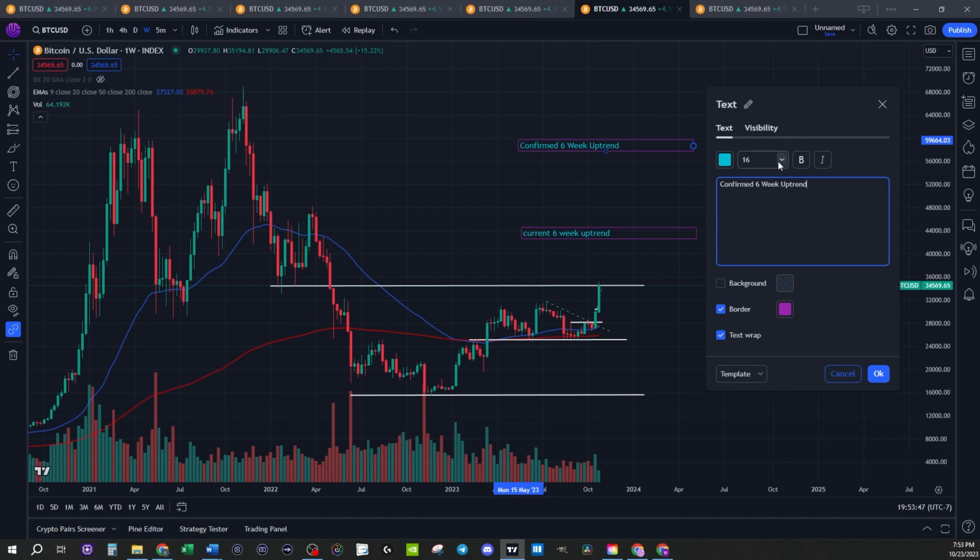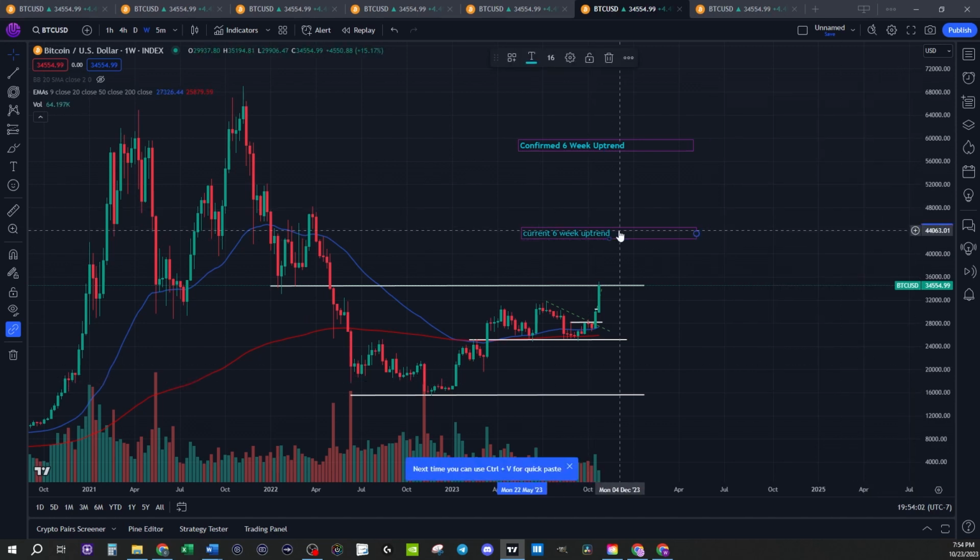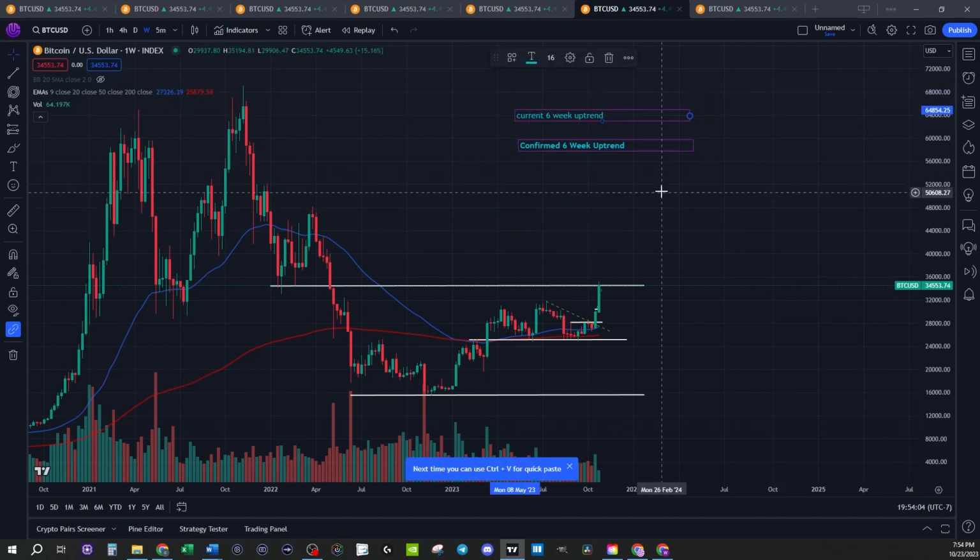Easy. You can change the font size, you can change the color, you can make it bold, italic. You can add a background to it if you want. You can add a border to it if you want. You can wrap the text if you want. So have fun with it. Hit OK. And then from here, you can just move it around.